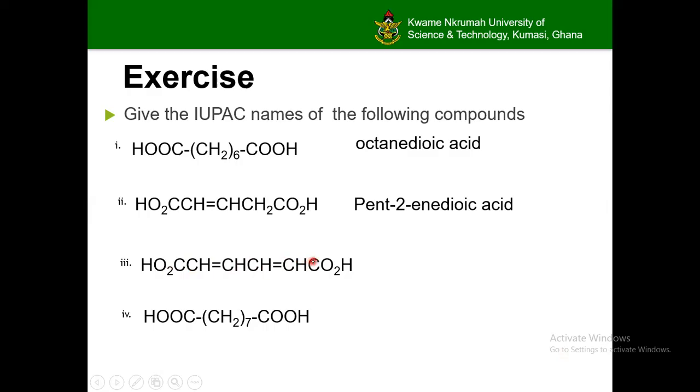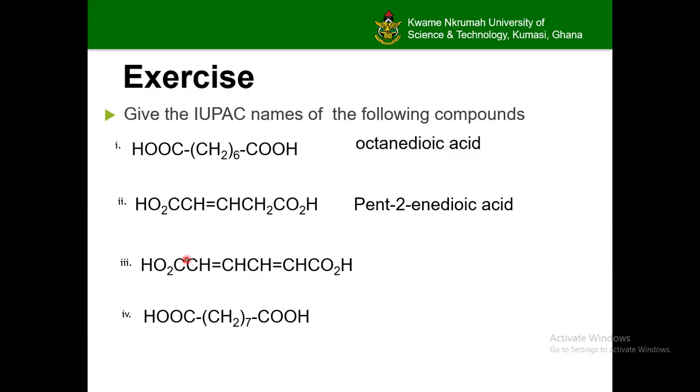Now, the next one, we have 1, 2, 3, 4, 5, 6. So 6 is hexene. Because there's a double bond, we have hexene, right? Good. Now we have 2 double bonds, so it is hexadiene, right? Now, what is the position of the double bonds? We have it at position 2 and position 4. So we can say it is 2,4-hexadienedioic acid.